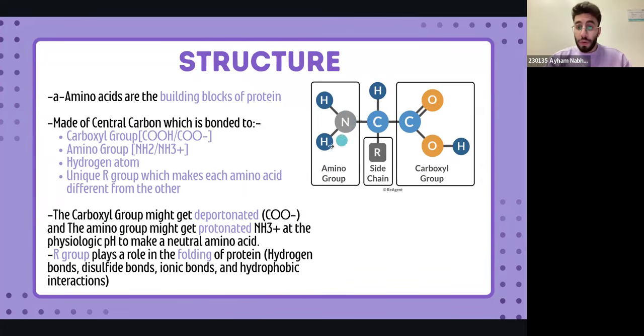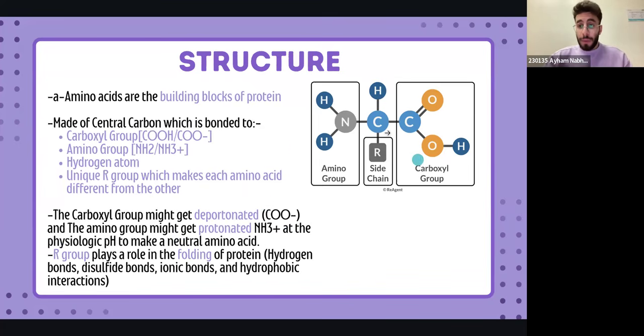Whereas the NH2 might get protonated. That means we're gonna add a hydrogen atom. As you can see, it's gonna convert from NH2 into NH3, and that happens at the physiologic pH just to keep the amino acid neutral for our body, so it doesn't make any diseases and it doesn't accumulate, making any abnormalities in our body. Okay, that's it.